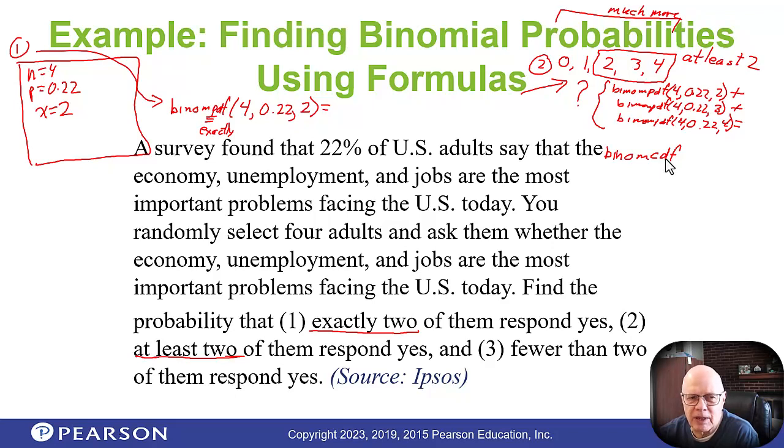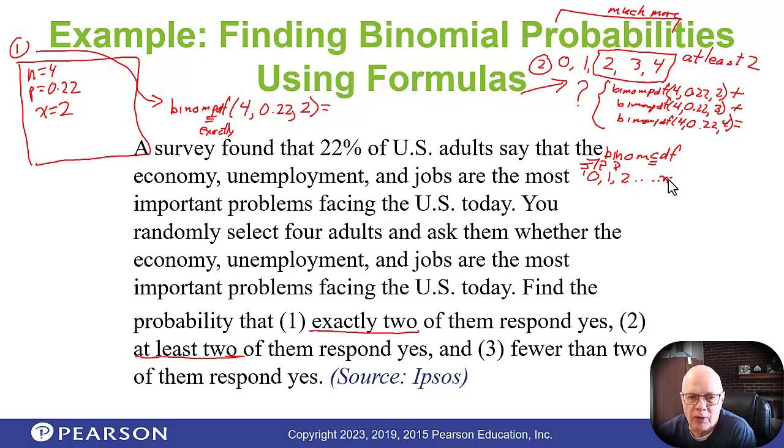Okay, what does that mean? Well, of course they're connected. This one means binomial cumulative distribution function. The thing to remember with this one is when your calculator adds these things together, it always starts with 0, gets that probability, goes to 1, gets that probability, 2 gets that probability, up to a certain point.